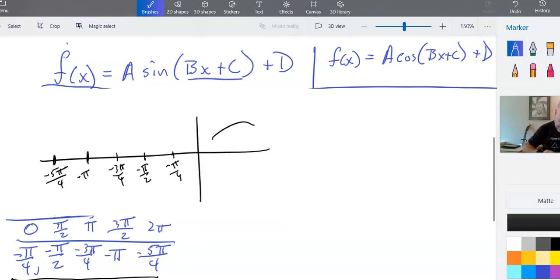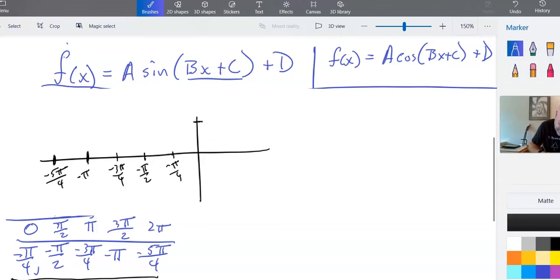Okay, so let's just graph these one at a time. So this is a, oh crap, was this cosine or sine? I should have left it on there. I want to say it was cosine. I'm going to go with cosine. Yeah, so let me go ahead and get this off here.